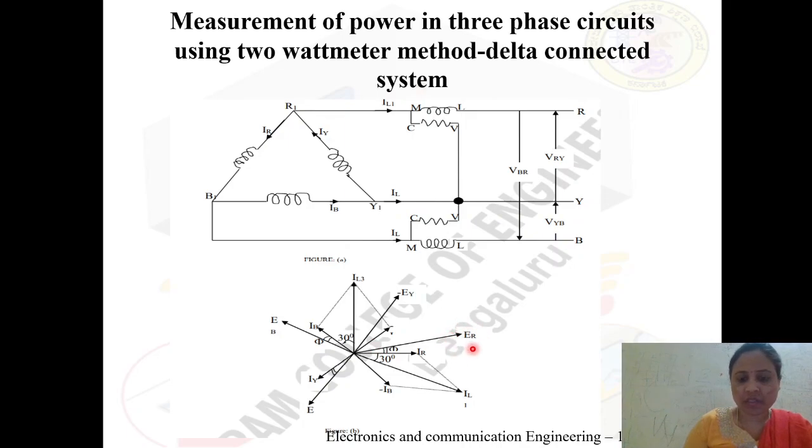Here the phase voltages are ER, EY and EB. The angle between ER and IR is phi, so voltage ER leads the current IR by an angle phi. Similarly, the voltage EY leads the current IY by an angle phi.